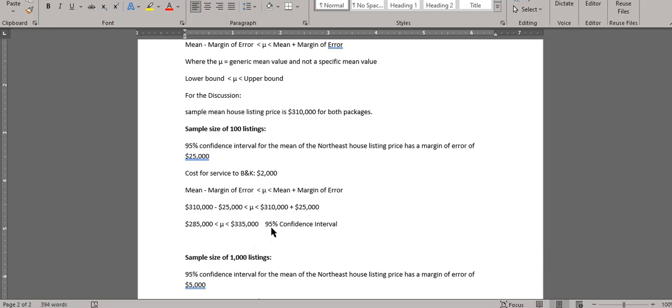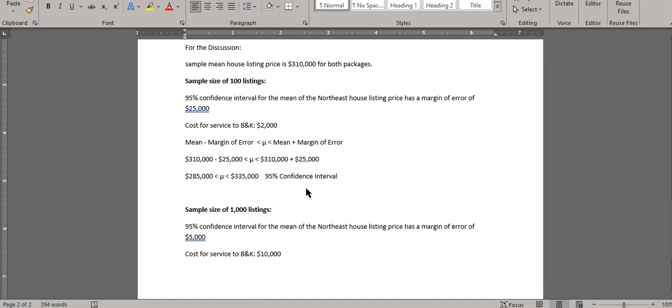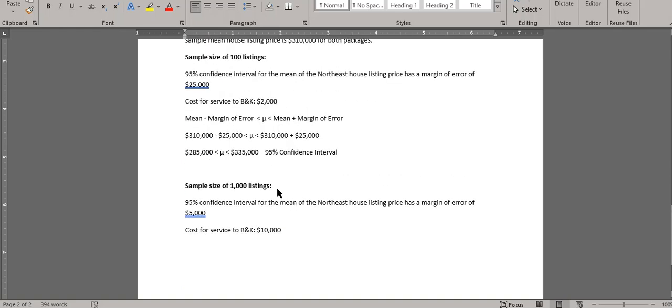And as I mentioned, if we did this sampling at 100 different sites, the same kind of data, 95 times out of 100, we would expect the mean list price to be between 285,000 and 335,000.